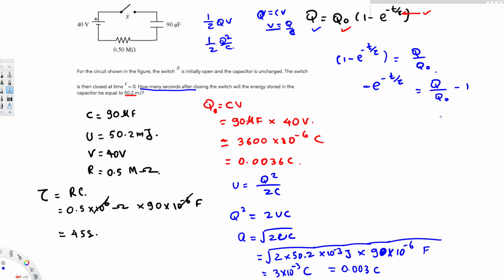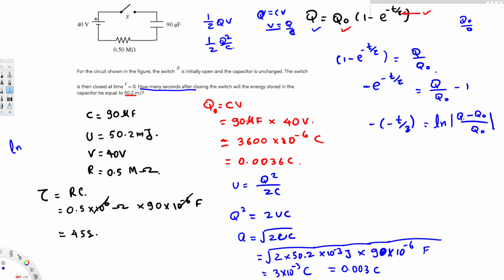Now to get rid of the e power, we can take ln on both sides. Whenever you have ln and e, they cancel each other. So here we just have minus t over the time constant, and on the other side we have ln of Q over Q naught minus 1. The 1 can be written as Q naught over Q naught because we are taking Q naught as the common denominator. So this is Q minus Q naught over Q naught.